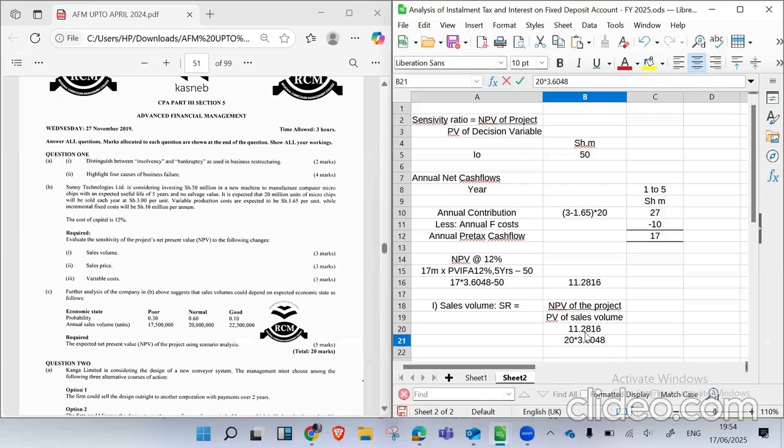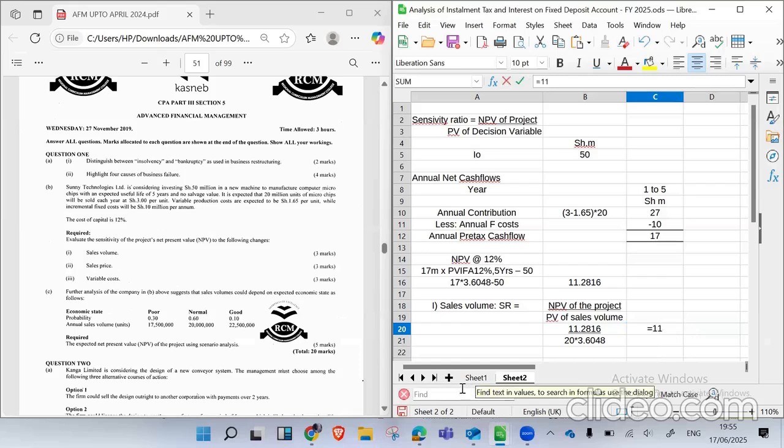3.6048. Do this calculation, what do we get? Of course, we multiply by 100. Why 100? Are we giving it as a percentage?